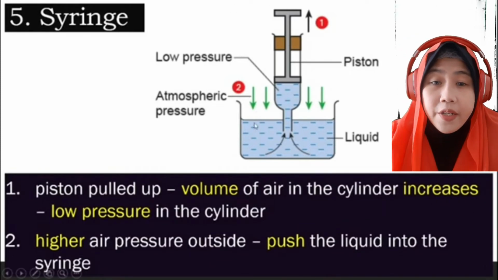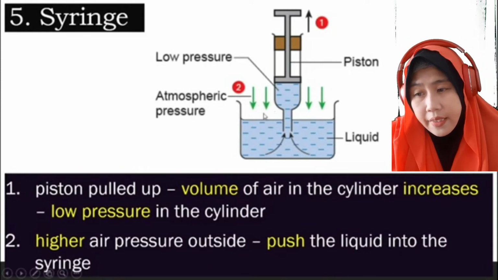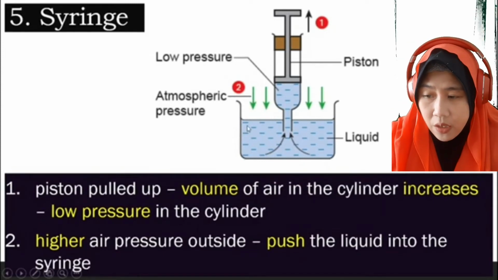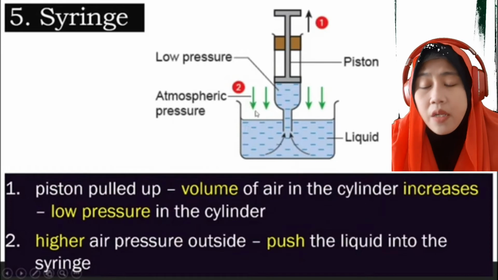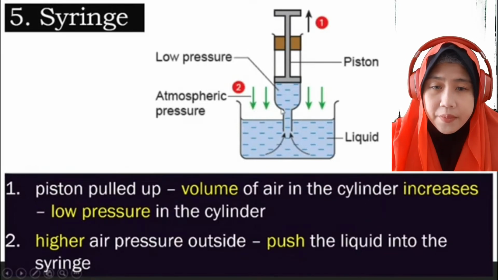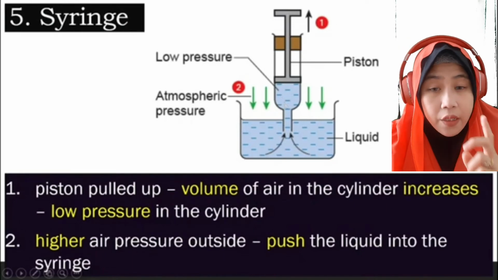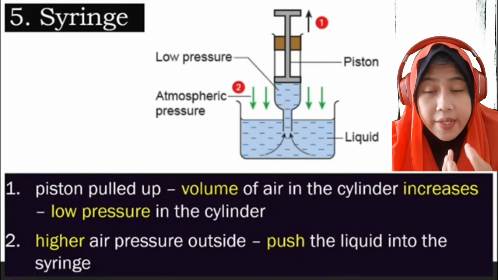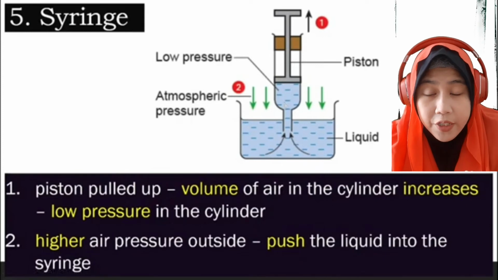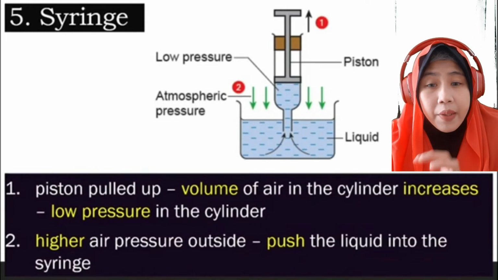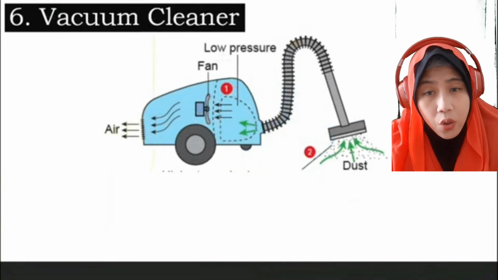The air pressure outside will be higher. This is the atmospheric pressure. Look at the label 2 there. It will push the liquid into the syringe. Very easy. All you need is to identify where is the low pressure and where is the higher pressure. Of course, as I said just now, air particles will move from higher pressure to low pressure.